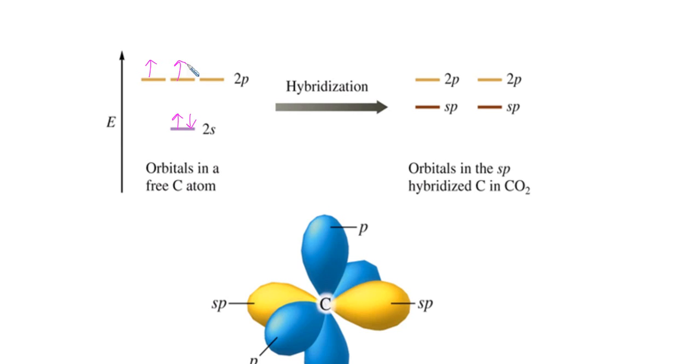In this sp hybridization, we hybridize an s and a p, and then we're going to have 2 unhybridized.